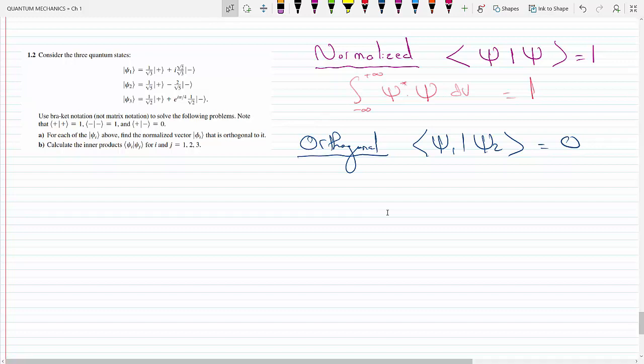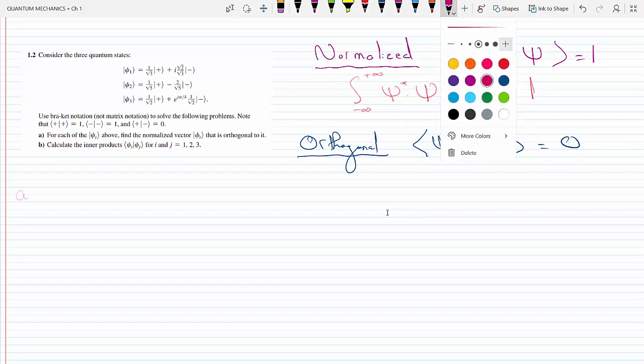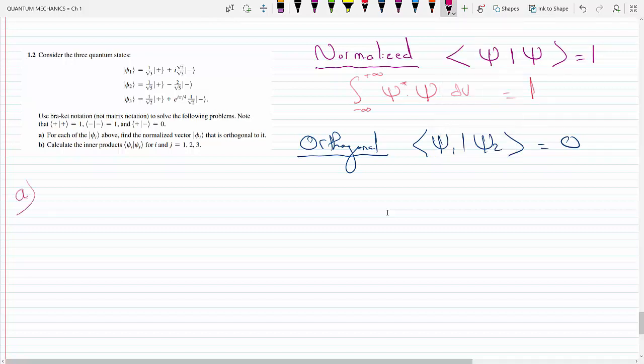Okay, so here for part A, we have to find the normalized vector phi i that's orthogonal to psi i. So it has to be normal and orthogonal.